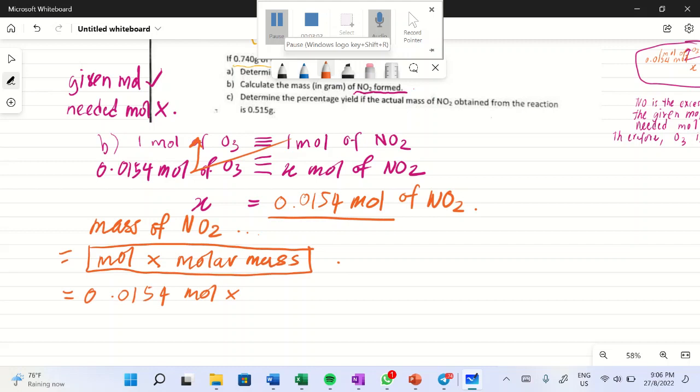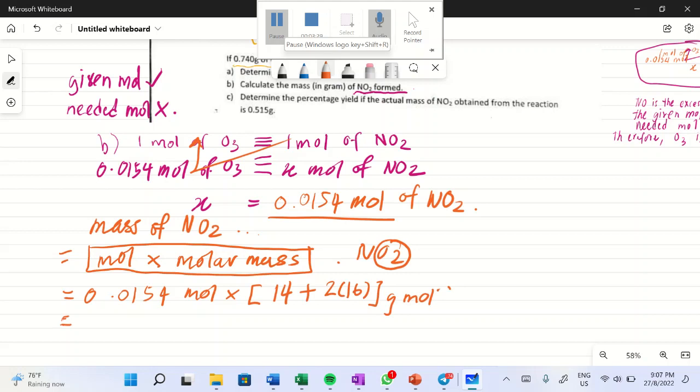And 14 plus 2 in bracket 16, because of the subscript 2, so we have 2 here, and don't forget to put the unit too.